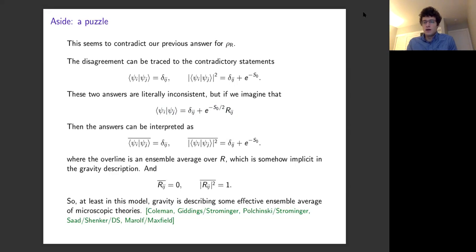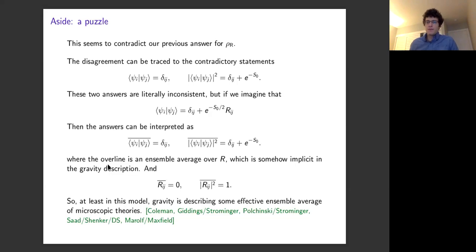So an attempt to interpret these contradictory answers gravity is giving us is that gravity, at least in this model, wants to be describing not a specific quantum system, but an ensemble average over them. And that ensemble average is somehow implicit in the gravity description.